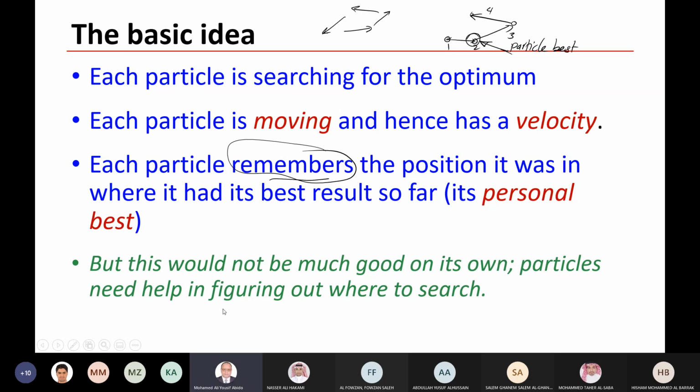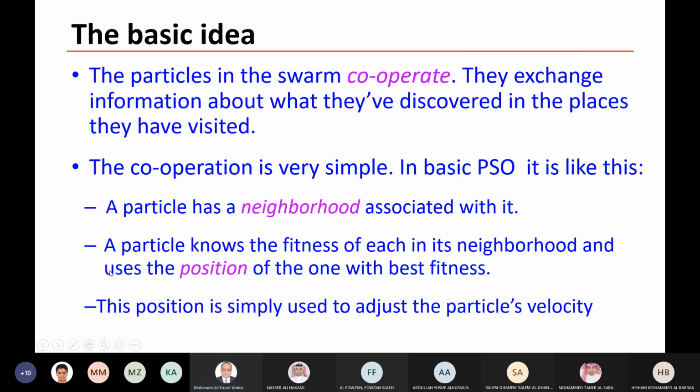Particles need help also in figuring out where to search, where is the best solution. And this is where the particles in the swarm cooperate. They are communicating the best solution among themselves, and they exchange information about what they have discovered in the places they have visited. The cooperation is very simple. In basic particle swarm, it is like this.